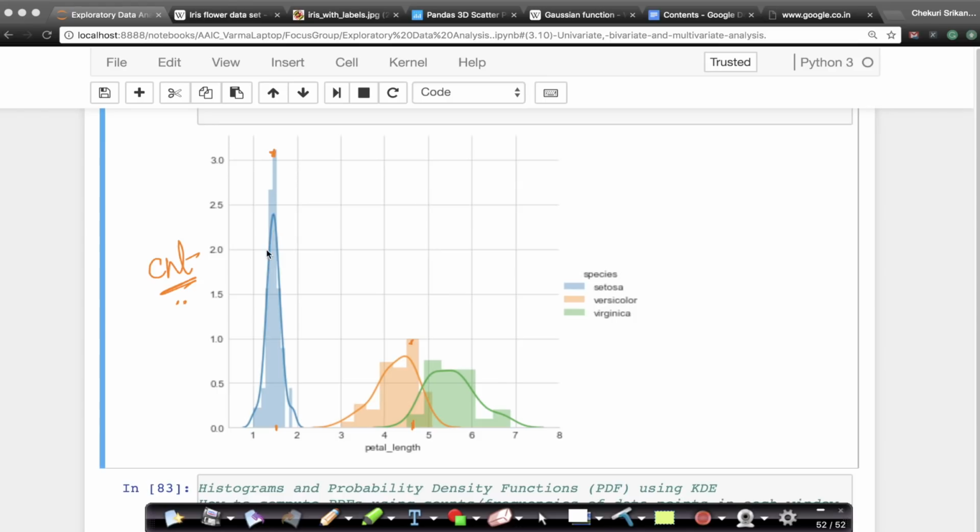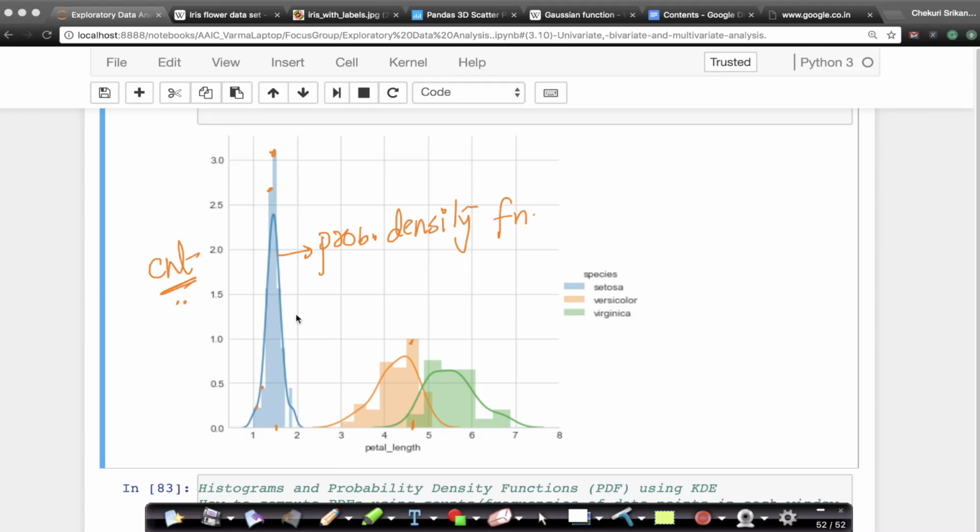Now you might wonder, what are these smoothed lines? These smooth lines are called probability density functions. I'll explain this terminology. What it says is simple. This blue line, if you want to think about it very simply, is basically a smoothed form of your jagged lines here. If I join the centers of each of these buildings, what I get is a smooth approximation, right?